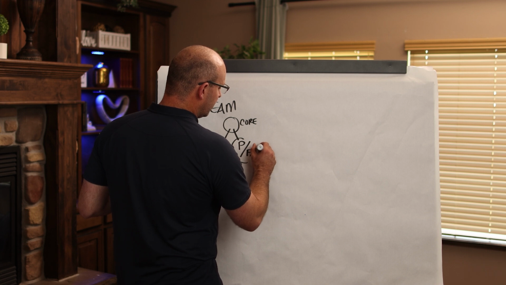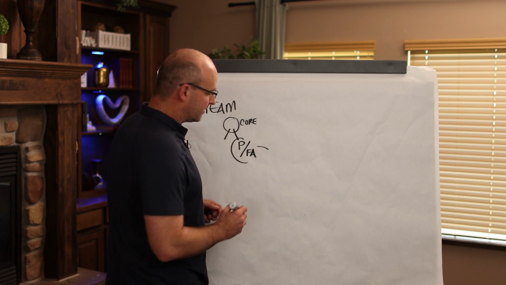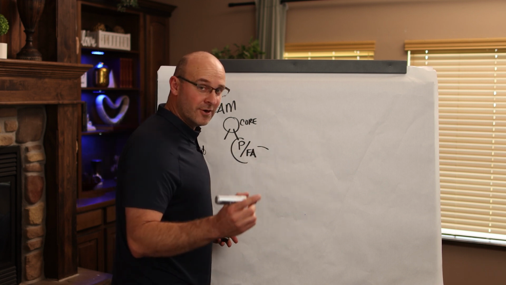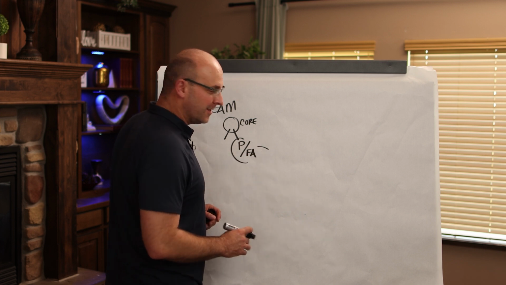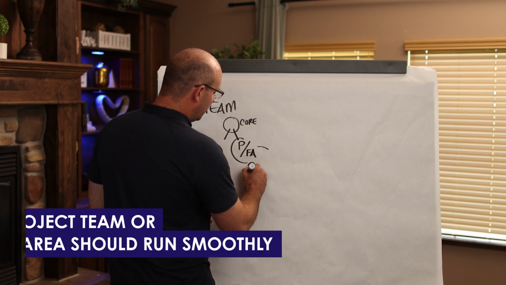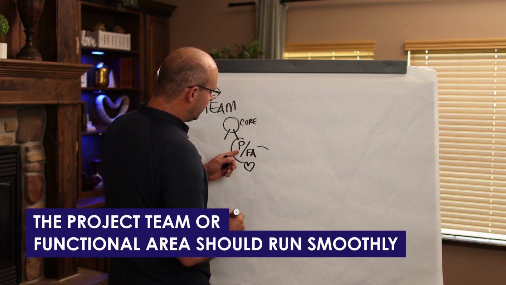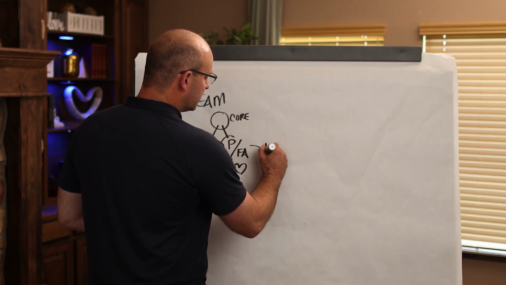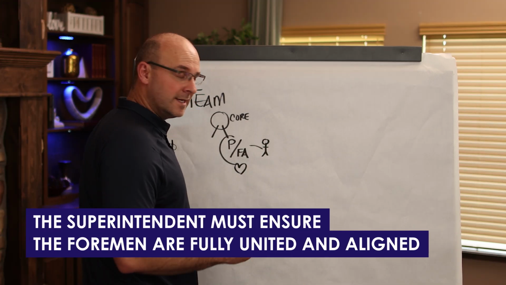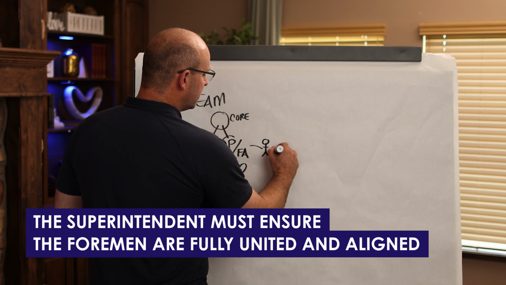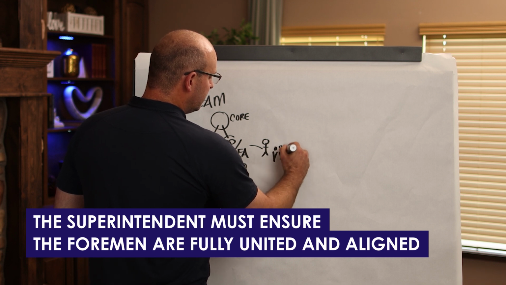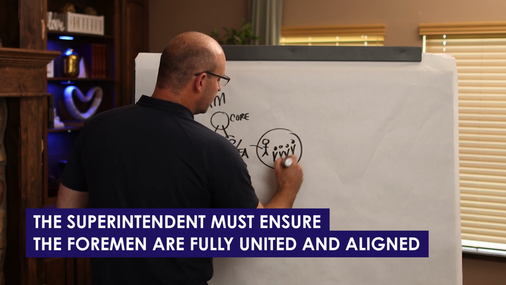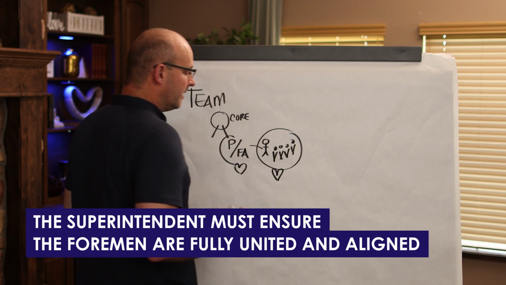Within this functional area, a couple of things that I really like to focus on, and I'll draw hearts. Don't be bothered by that, but we really want the functional area or the project team to be working properly. One thing I want to discuss as well is that the superintendent has got to make sure that the team of foremen are super united and aligned.